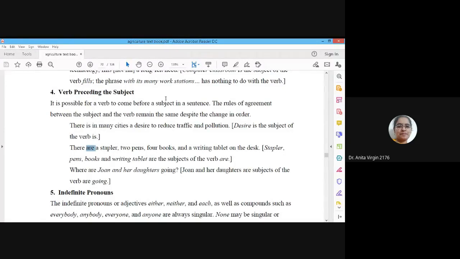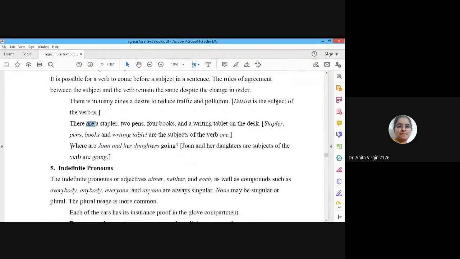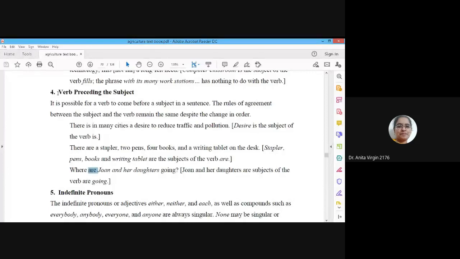Got it? Now see the next example. Where are Joan and her daughters going? Again, here you have 1 and 2, and here it may be 2 or 3. So you have many people there. So it is again plural. So whether the verb comes before the subject or after the subject, the rule is the same. That is what they are saying.